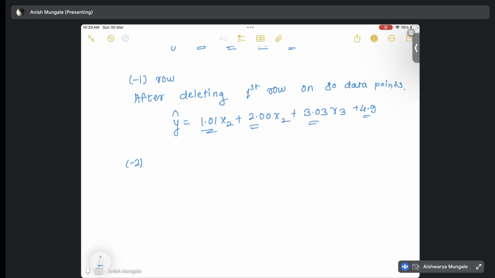Now let's say, restore the first row and delete the second row. Then again build the model. And now let's say your values are like this, or maybe I'll just give a very high value.